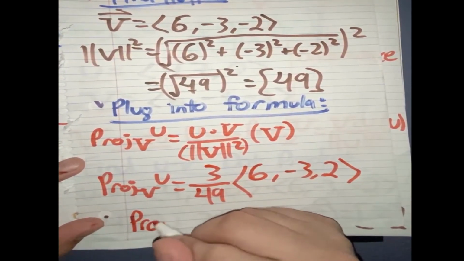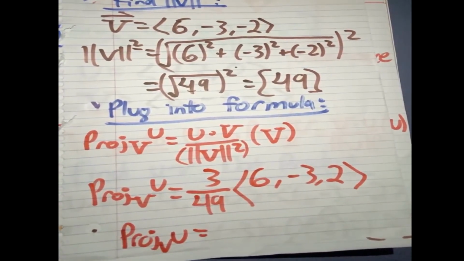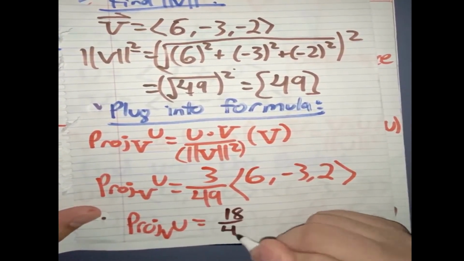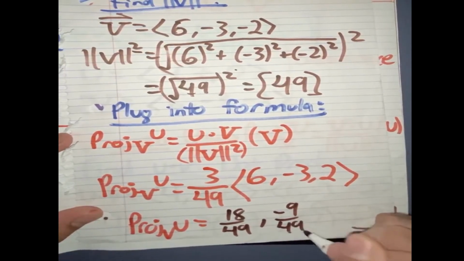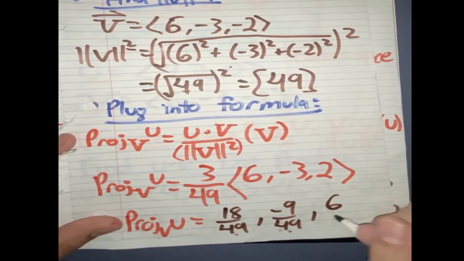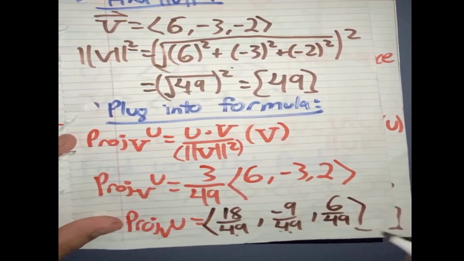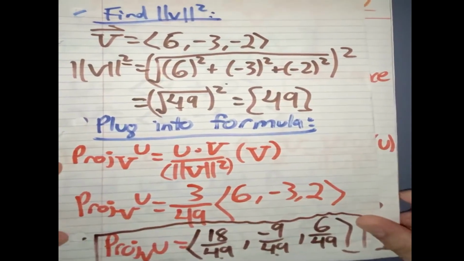So the projection is equal to 18 over 49, negative 9 over 49, and then 6 over 49. And that's our final answer. So that's how we find the projection of u onto v.